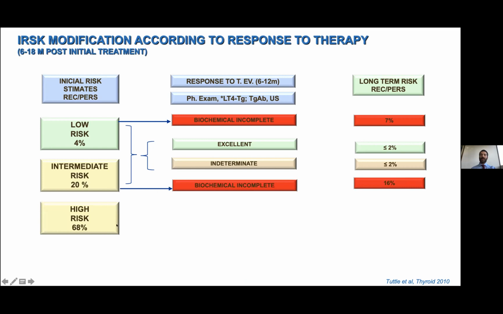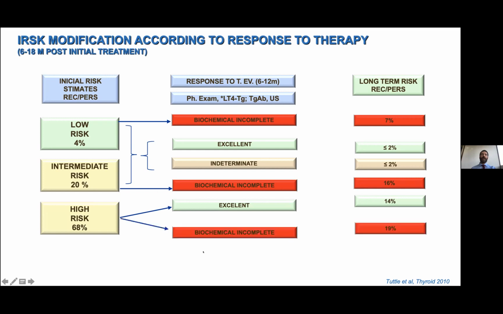When the patient started as a high-risk patient, if they have excellent response, their risk of recurrence is smaller, but still high, 14%. And if they have biochemical incomplete response, the risk of recurrence is larger, almost 20%.